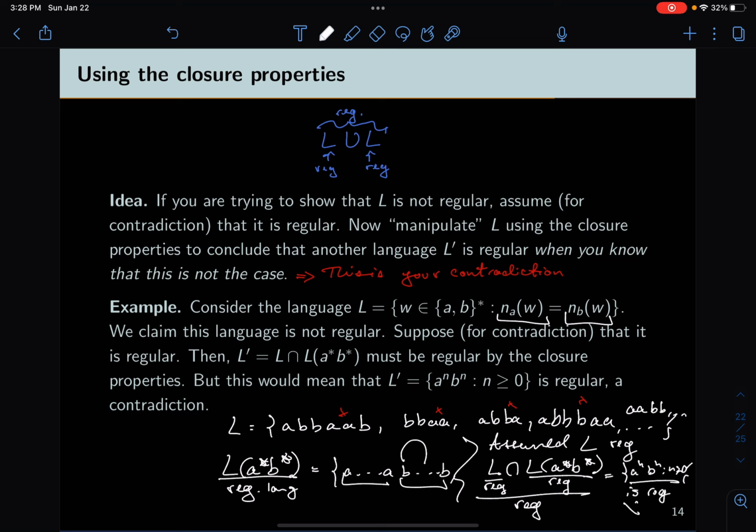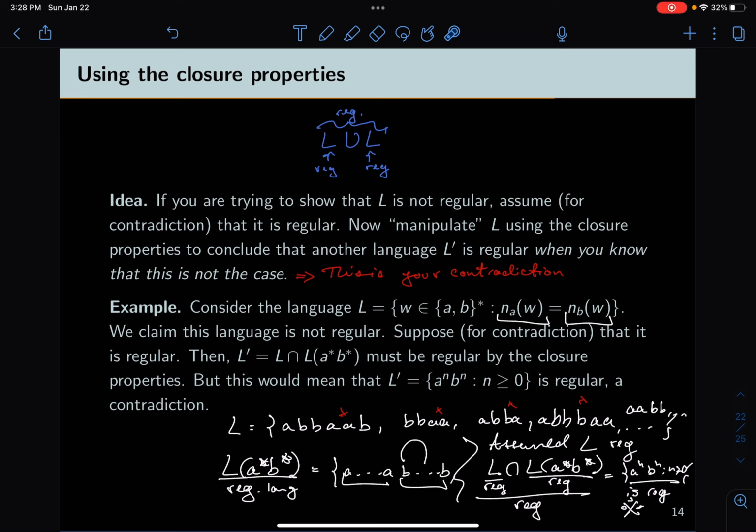And this is clearly a contradiction. That's my symbol for contradiction. This is clearly a contradiction, which means that our initial assumption was incorrect. So the assumption that L was regular was incorrect, which means that L was in fact not regular.